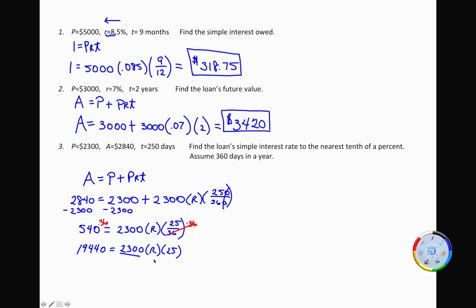Okay, let's see what 2,300 times 25 is. We'd wind up with 19,440 equals 57,500 times R.